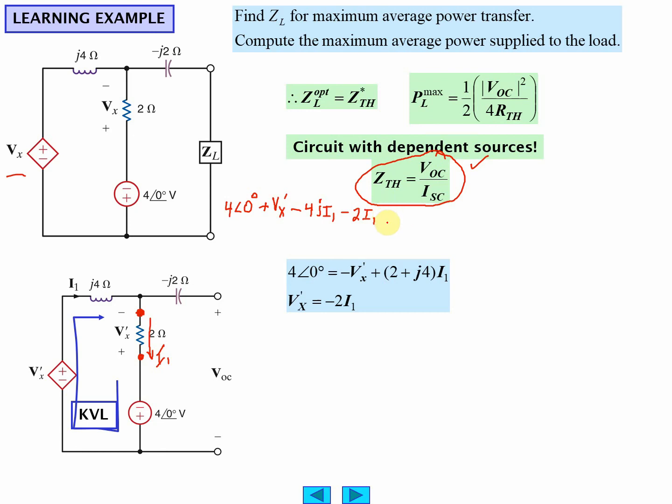And that's voltage drop, voltage gain. That has to sum to 0. And rearranging, then we get 4 angle 0 degrees equals the negative Vx prime plus 2 plus 4j times I1.